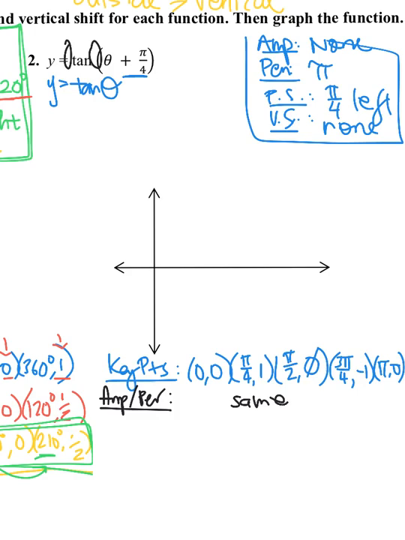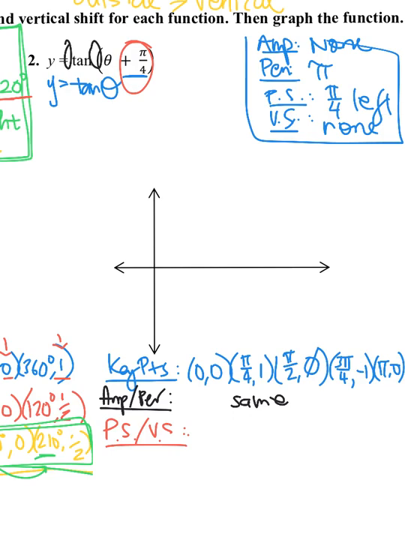Okay, so the only thing that's really happening here is this plus pi/4 on the inside. So we have a phase shift, no vertical shift, but if I had one, I would use that here or make the changes I need to the key points. But I have pi over 4 to the left.